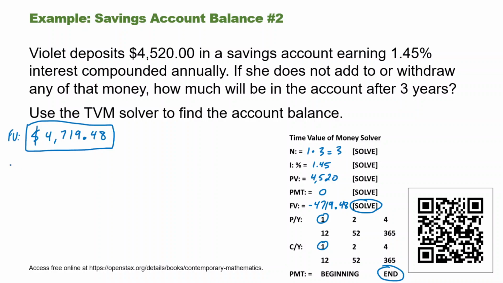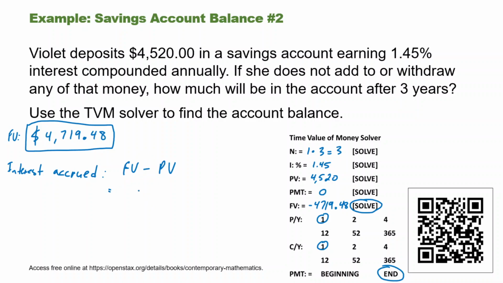That's the future value. Now I want to go ahead and actually find the interest that's accrued. The interest that's accrued is found by taking future value minus present value. The ending amount minus the initial amount.